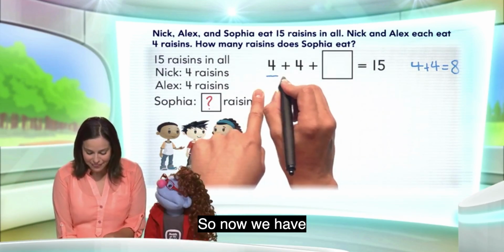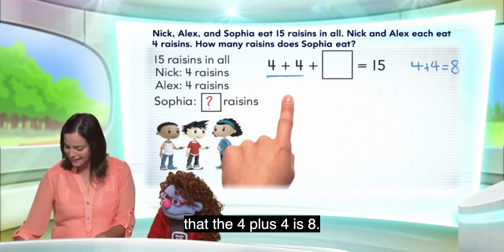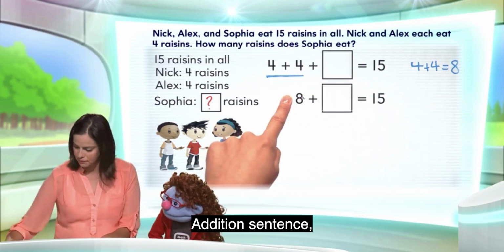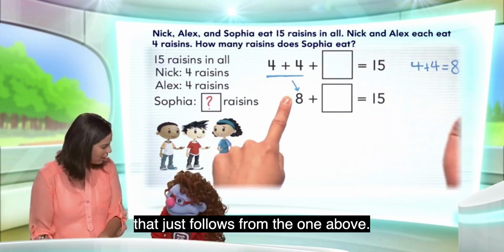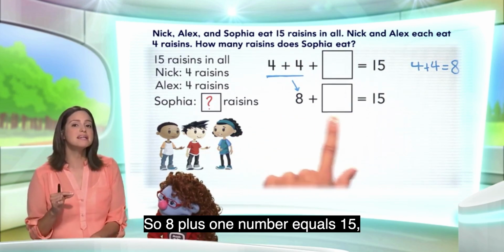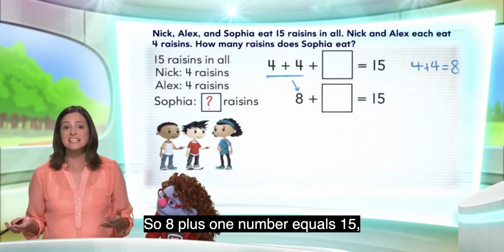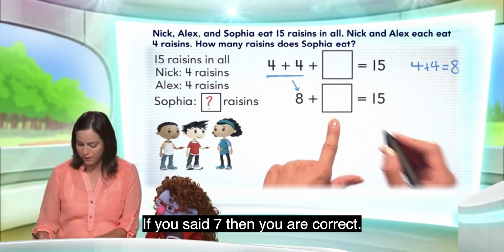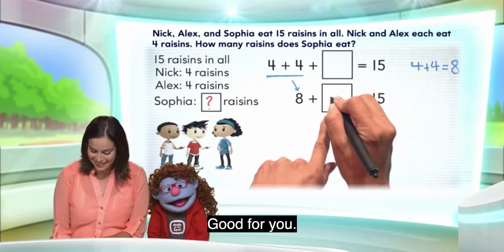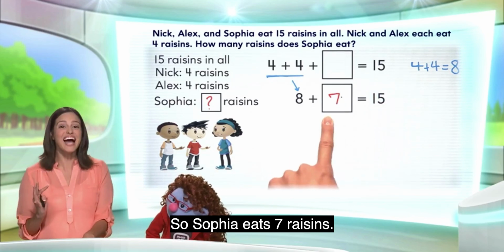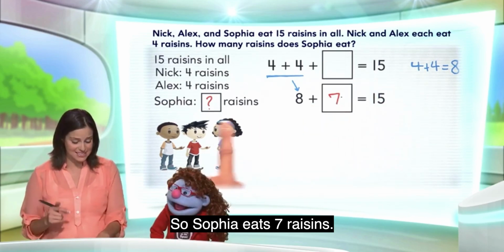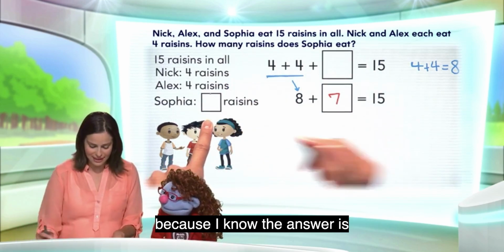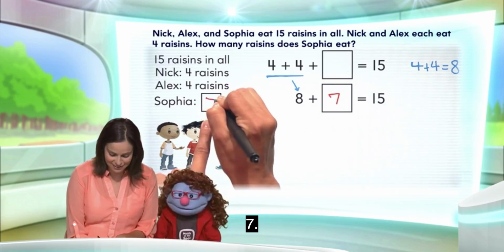So now we have that 4 plus 4 is 8. So I have this addition sentence that just follows from the one above. Got it. Okay? So 8 plus one number equals 15. Can you think of the number? If you said 7, then you are correct. Good for you. So Sophia eats 7 raisins. Now we can get rid of this question mark because I know the answer is 7.